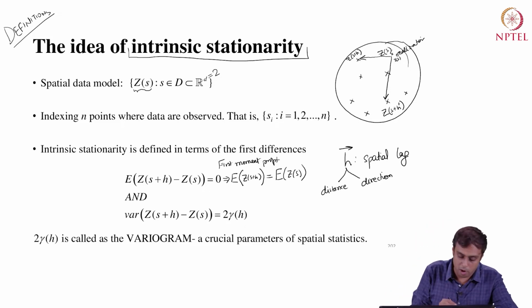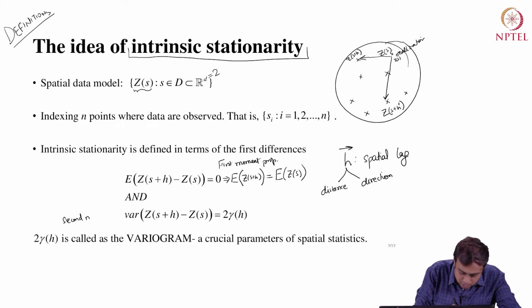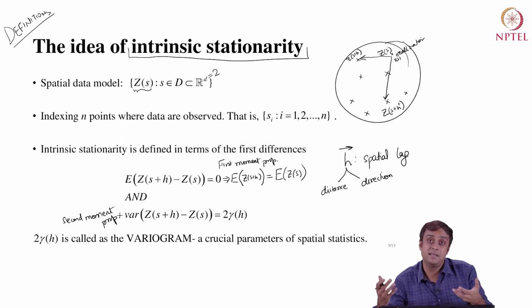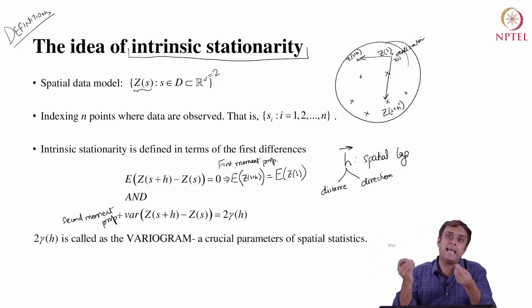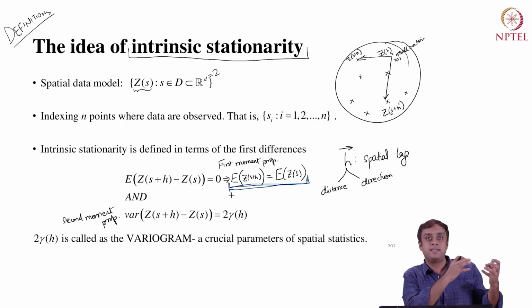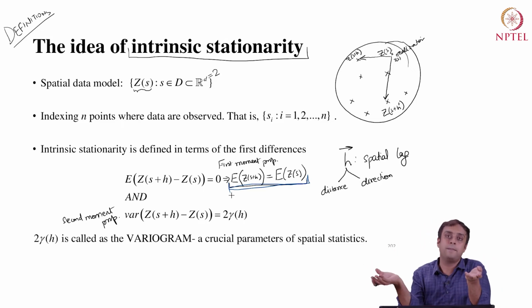The second moment property is the variance, obviously, and the variance of the first difference, that is Z(s plus h) minus Z(s). Now, on average, that is in expectation, what we have said is that the values Z(s plus h) and Z(s) will be the same.